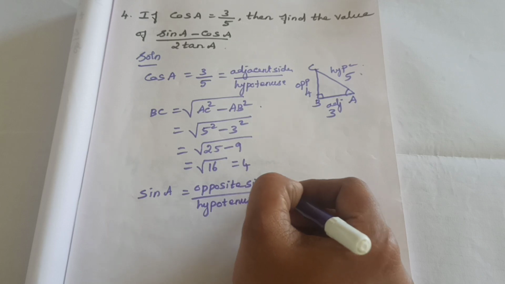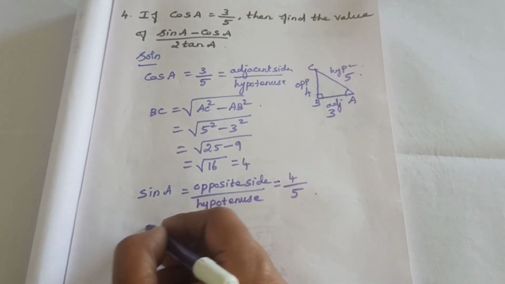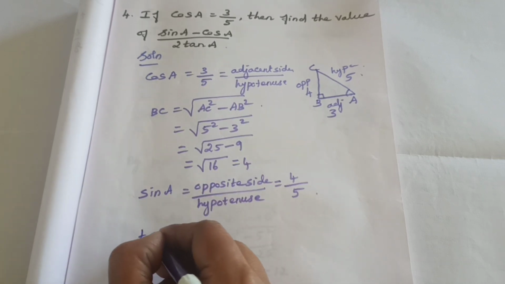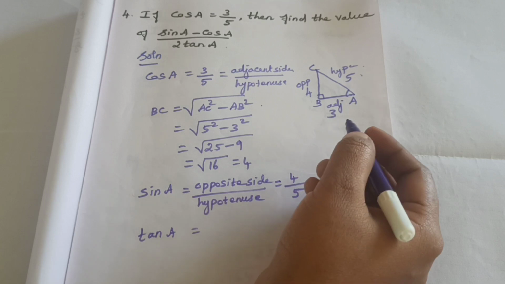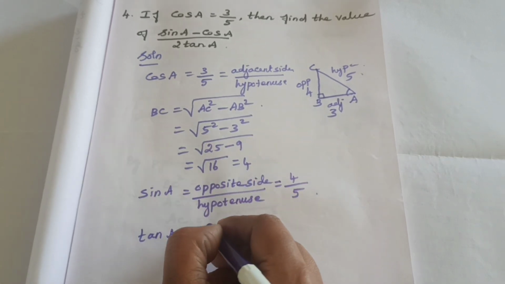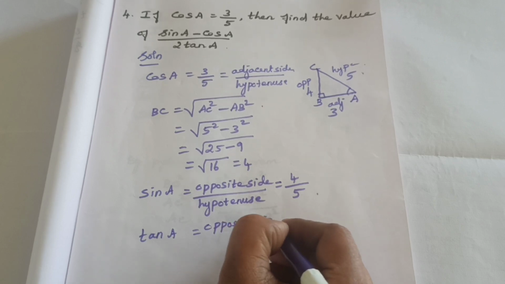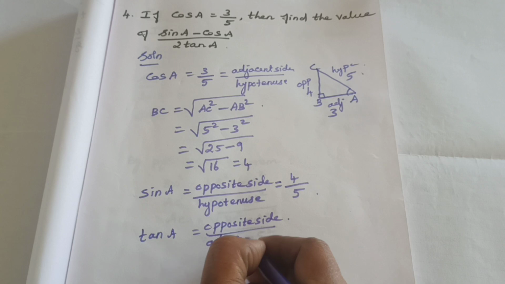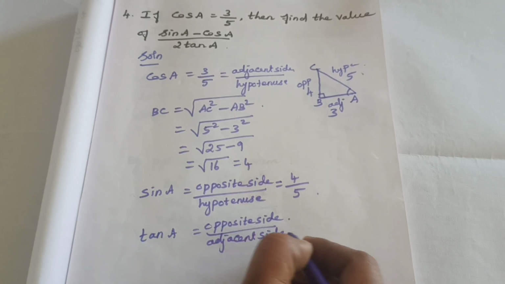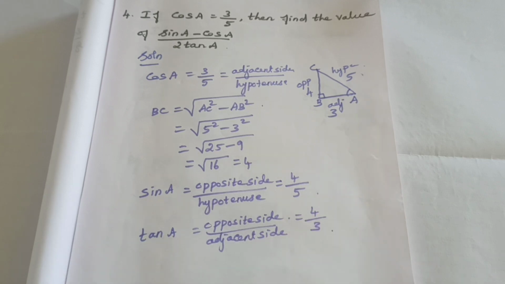Which is the opposite side? 4 divided by hypotenuse, which is 5. Like that, cos we know, then tan also find out. Tan A is equal to, what's the formula? Opposite side divided by adjacent side. The opposite side here is 4, isn't it? 4 divided by 3. Right, correct?